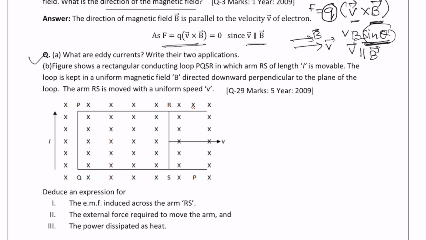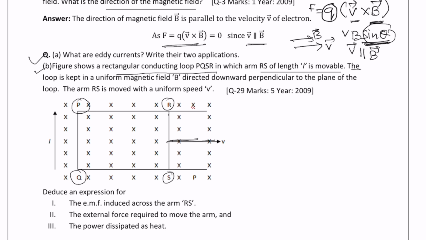What are eddy currents? Write two applications. Now question number 2. The figure shows a rectangular conducting loop PQSR, in which the RS length is movable.